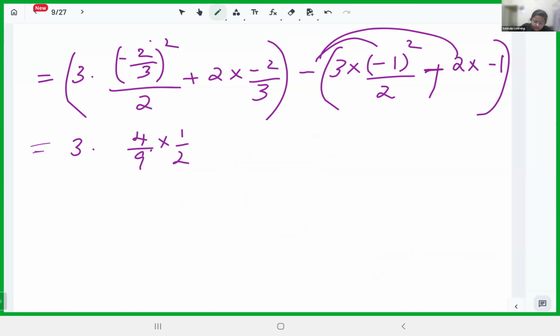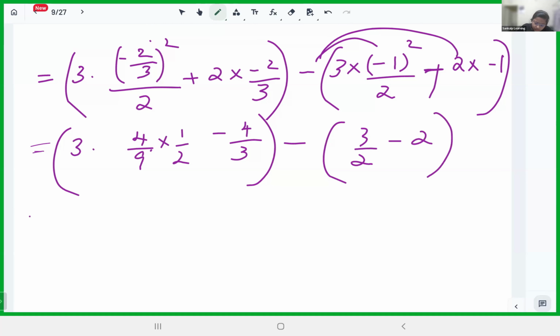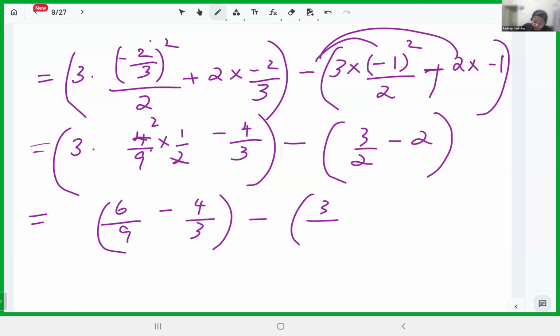Then this one is minus 4 by 3, right, minus 4 by 3. Then minus of this one will be 3 by 2 minus 2. All right, so if you cancel this one, this is 2. So this is equal to 6 by 9 minus 4 by 3 minus 3 by 2 minus 2.